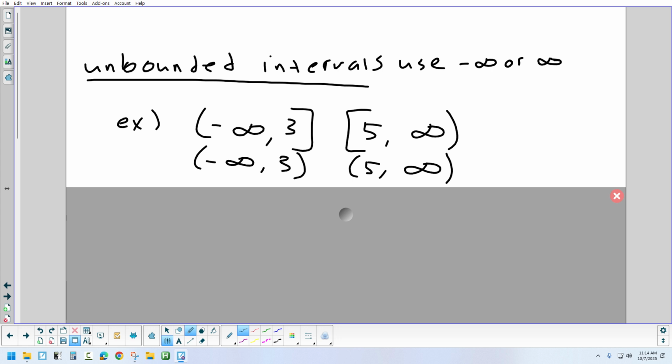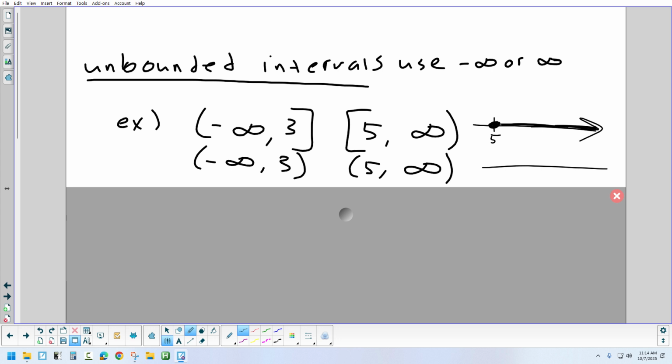Those are different kinds. I'll draw two of them. This one means you can pick any number from 5, including 5, and higher. When you do the shading, it has an arrow. The arrow means it keeps going. It never stops. What's the highest number you can pick here? There is no highest number.